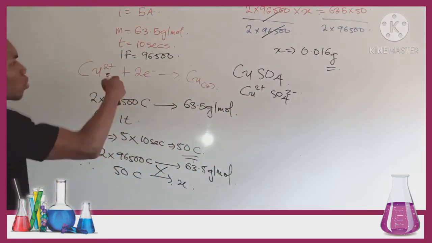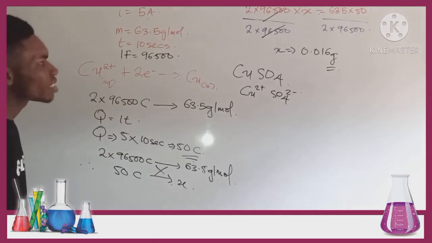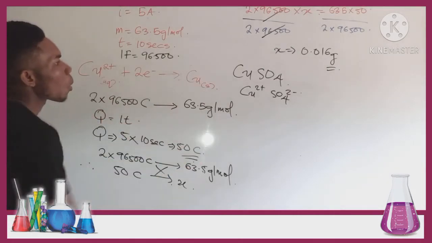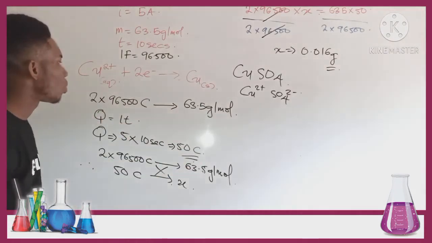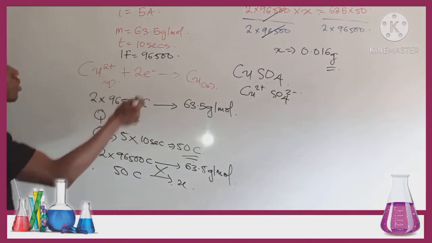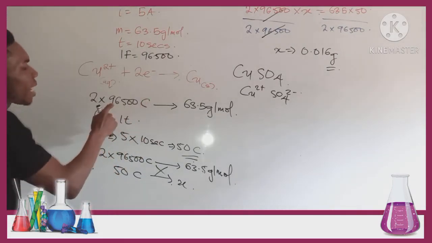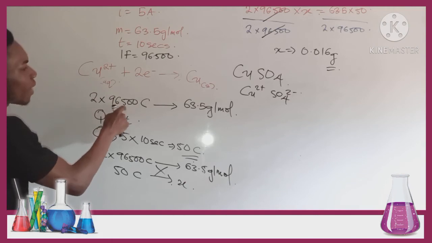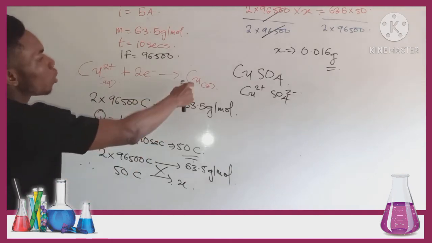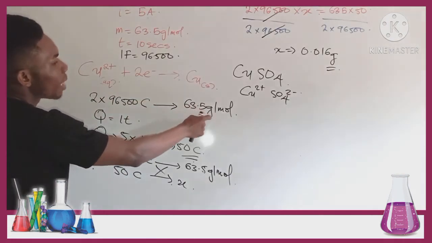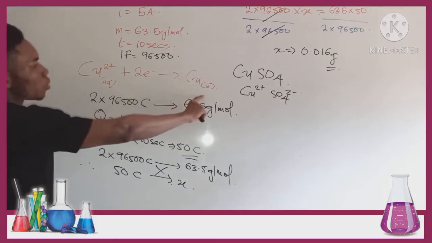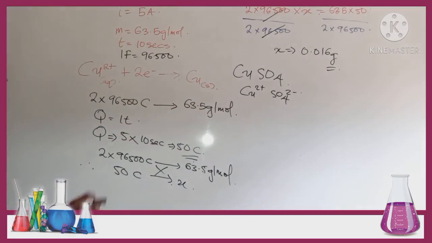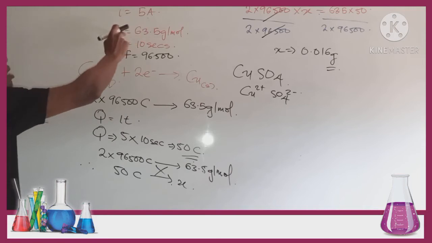Then it receives 2 Faradays of what? Electricity, and then discharges what? Copper at the cathode. Now, have we done that? From the balanced equation, we said 2 e here has a value of 2 Faraday, which is 2 times 96500, is equal to copper, 63.5 gram per mole. So if this is equal to x, now for this question, we are given I to be 5 ampere and t to be 10 seconds.